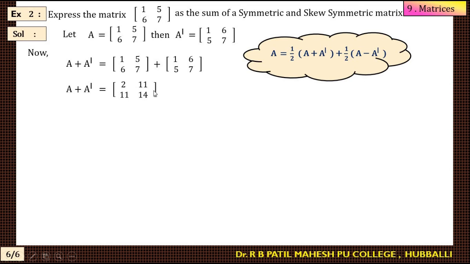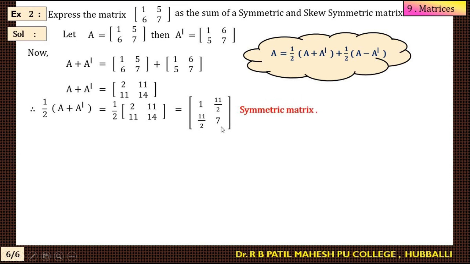Now you find out half into (A plus A dash), that means divide by 2. So if you divide by 2, you will get [1 11/2; 11/2 7], which is a symmetric matrix now, or the symmetric part of the matrix.